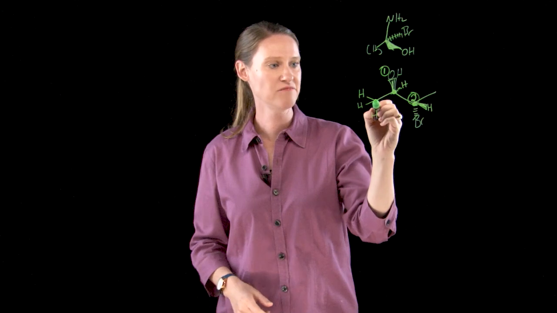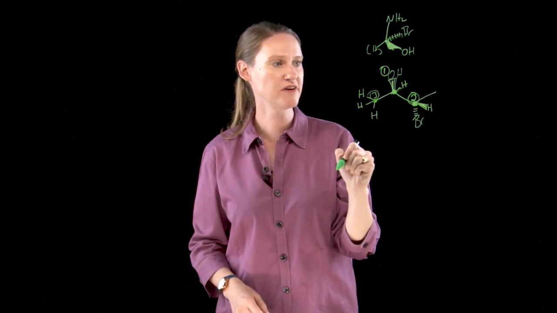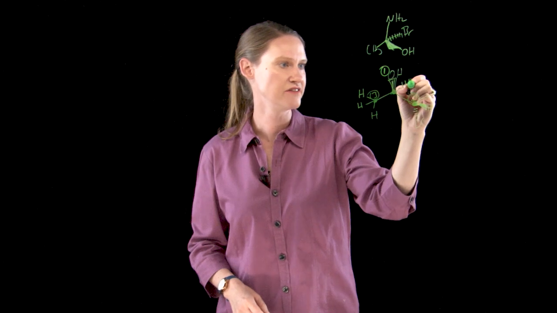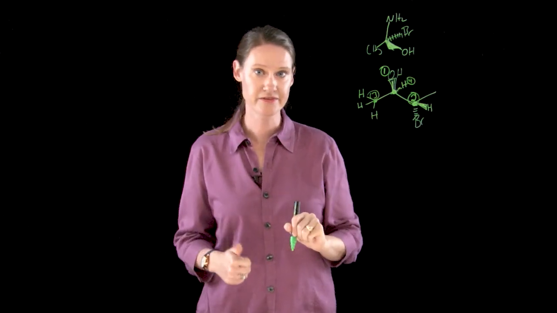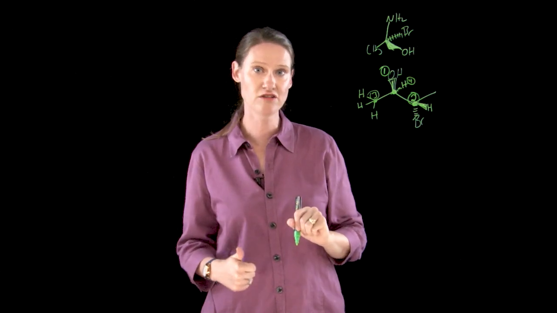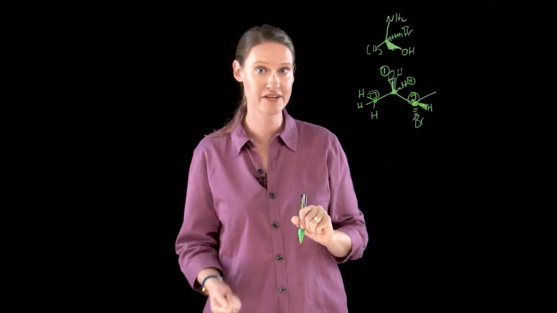Now I have to decide again between carbon and hydrogen. So the carbon is the number 3 priority, and then the hydrogen is number 4. Okay? So the first thing to do is assign the priority to all 4 atoms that are attached to the stereocenter based on the atomic number.